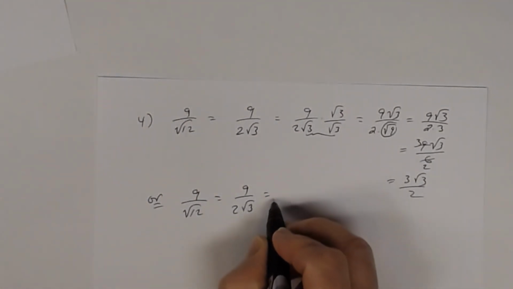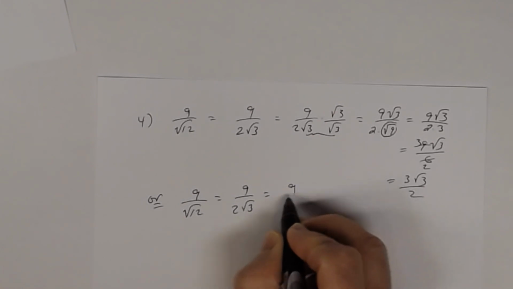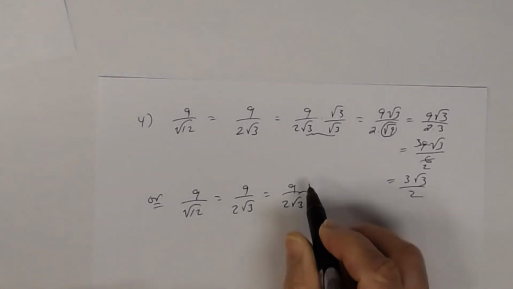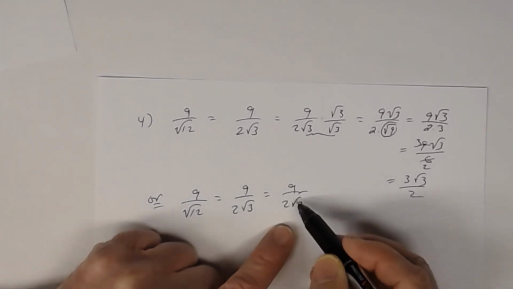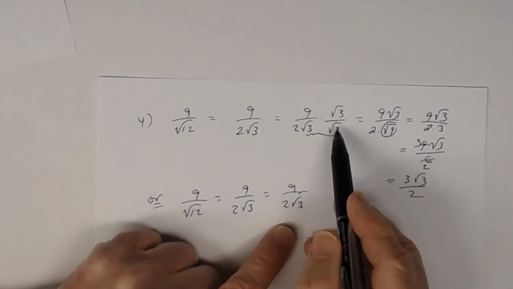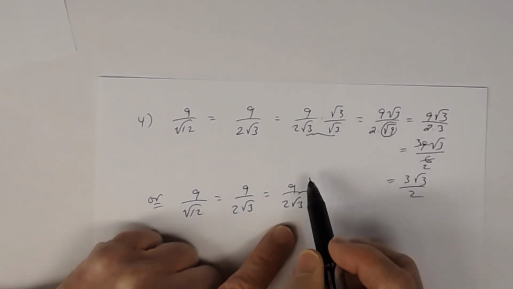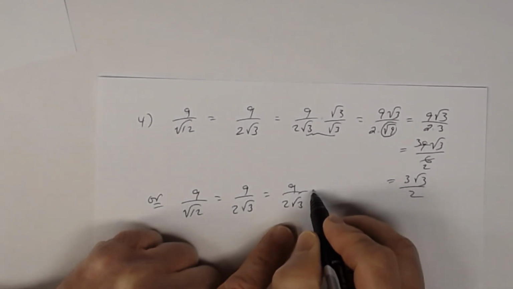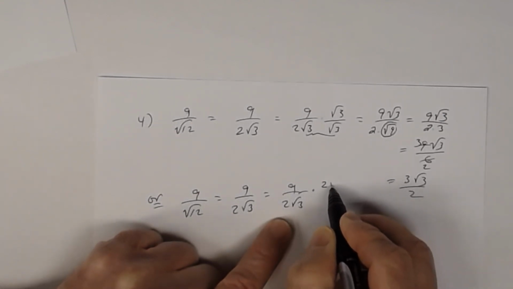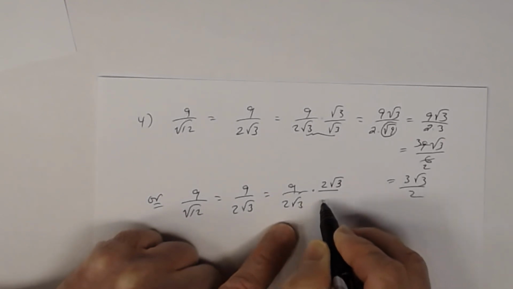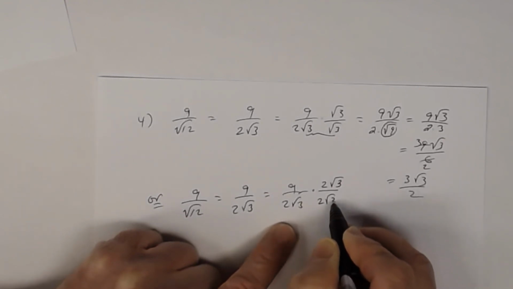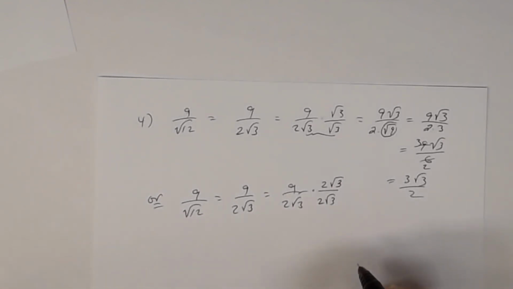Let me go ahead and rewrite this over. Okay, so remember the idea is to get rid of that square root that's in the denominator. And so that's why I just multiplied numerator and denominator by the square root of 3. But some of you could have said, well, I'm just going to multiply numerator and denominator by the denominator, 2 square root of 3. And that's perfectly fine.